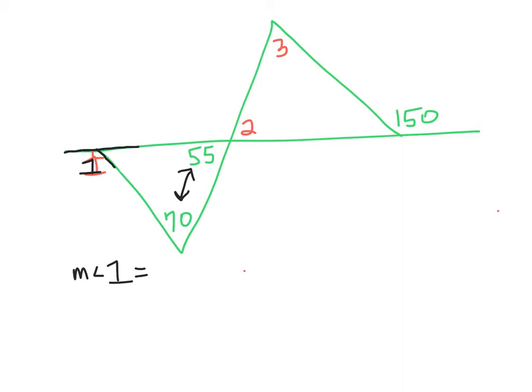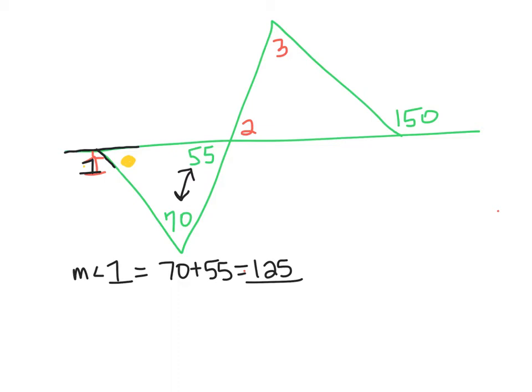Okay, so the measure of angle 1 equals 70 plus 55, which is 125. You could have figured out what this angle was right here, the yellow dot, and then found that angle 1 was a supplement of that. But this is a shortcut, so we're just going to find it using the exterior angle theorem.